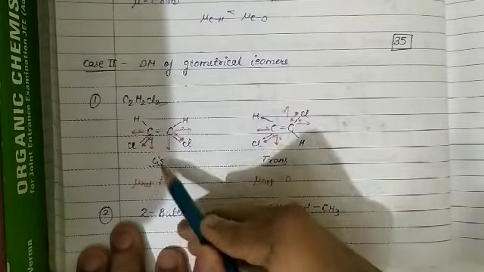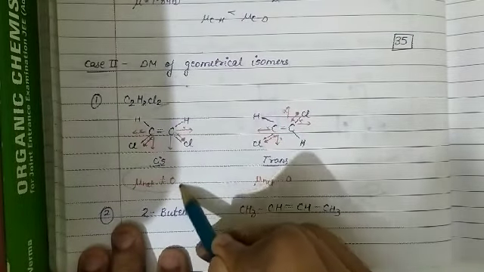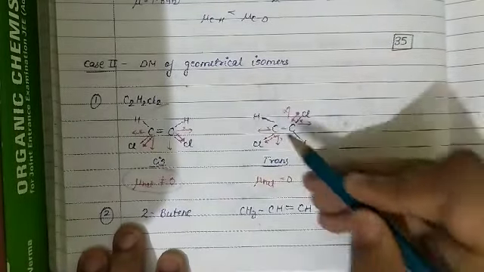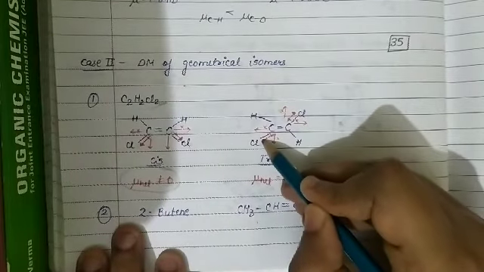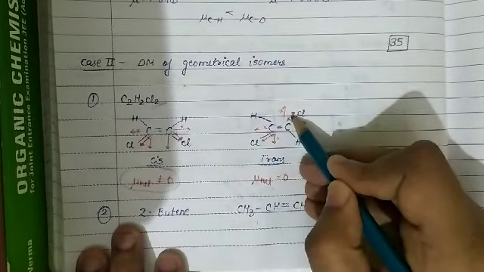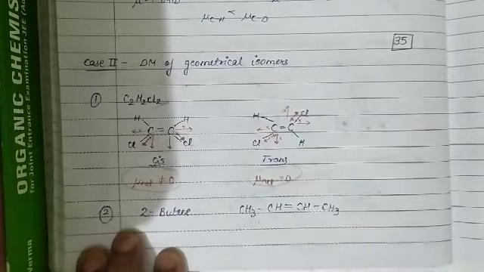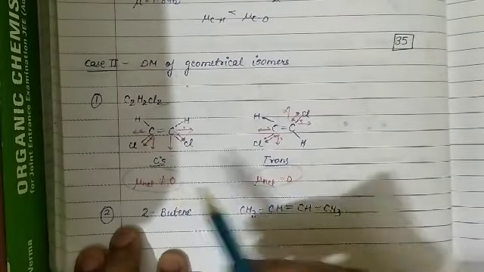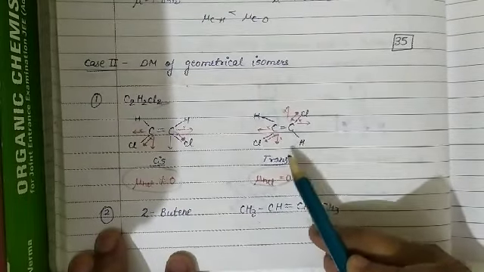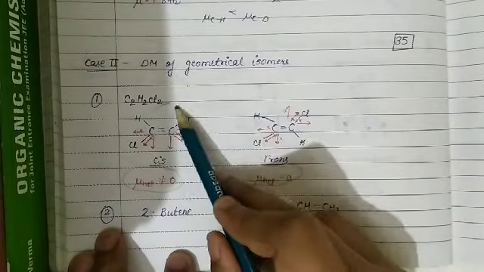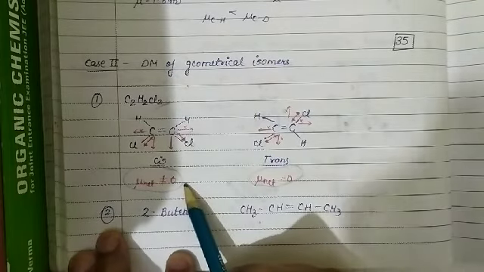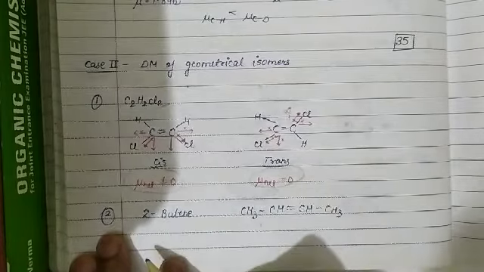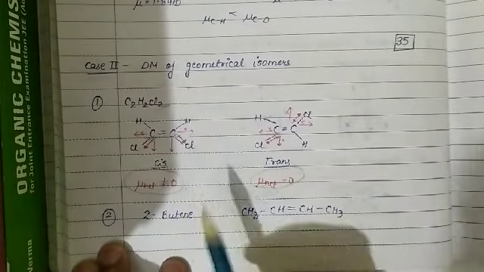It means in cis, net vector sum is not 0, therefore dipole moment is not 0. While in trans, vectors are equal and opposite in direction, therefore net dipole moment is 0. So trans butene dipole moment is 0, while cis butene dipole moment is non-zero. Therefore cis has more dipole moment than trans in this case.